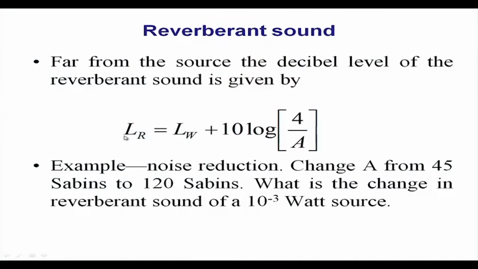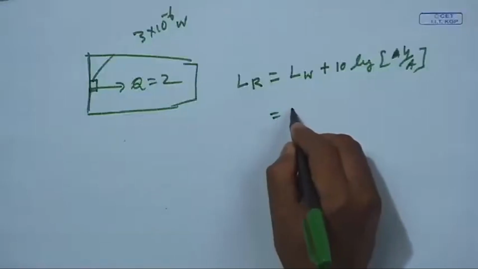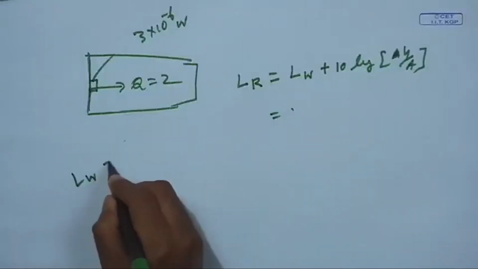LR, the reverberation sound level, is nothing but LW, the sound source level, plus 10 log 4 by A. So to find the reverberation level in dB, power level in dB, it is reverberation sound power, and the power is nothing but the source. What is LW?